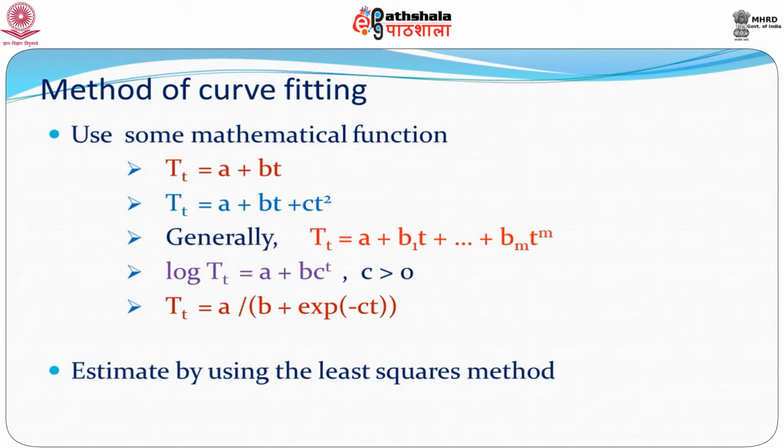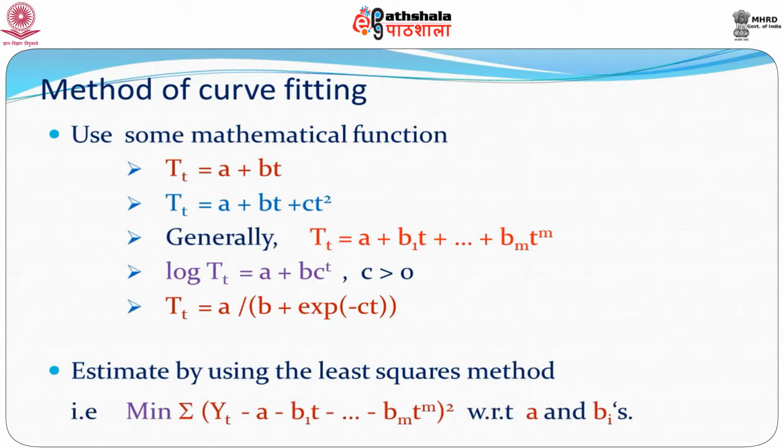So, this can be done by minimizing the summation of (y_t minus a minus b_1 t minus ... minus b_m t to the power of m) whole squared, with respect to the a's and the b's.